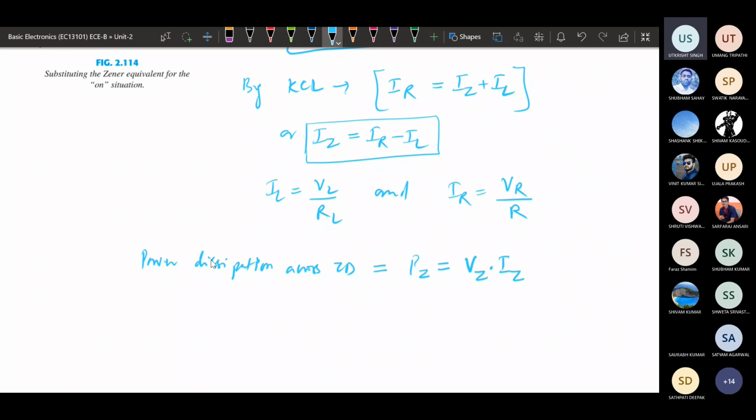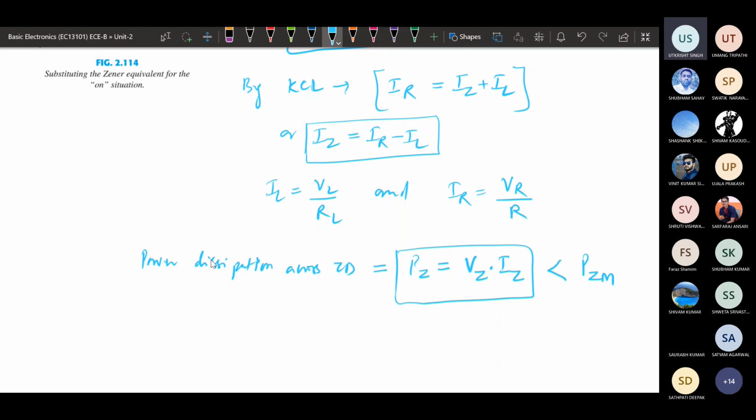Once we know Vz, we can put this value and get the PZ value. And this PZ should be less than PZ maximum. This PZ maximum is defined for a fabricated Zener diode, so the PZ value should not be greater than PZ maximum.